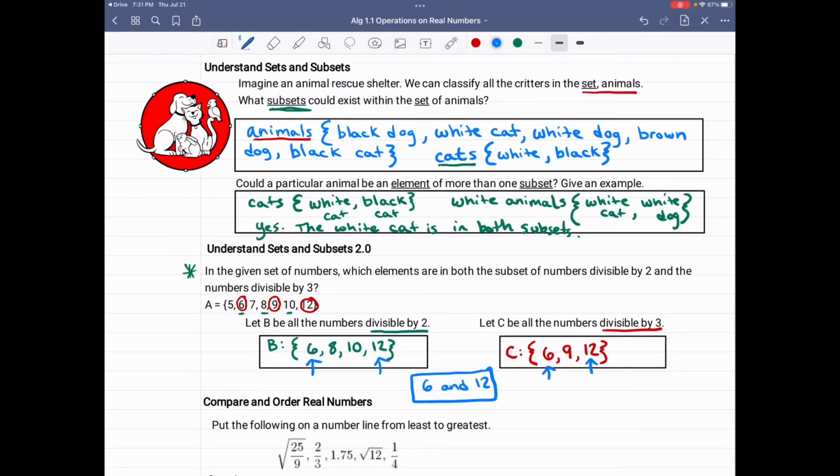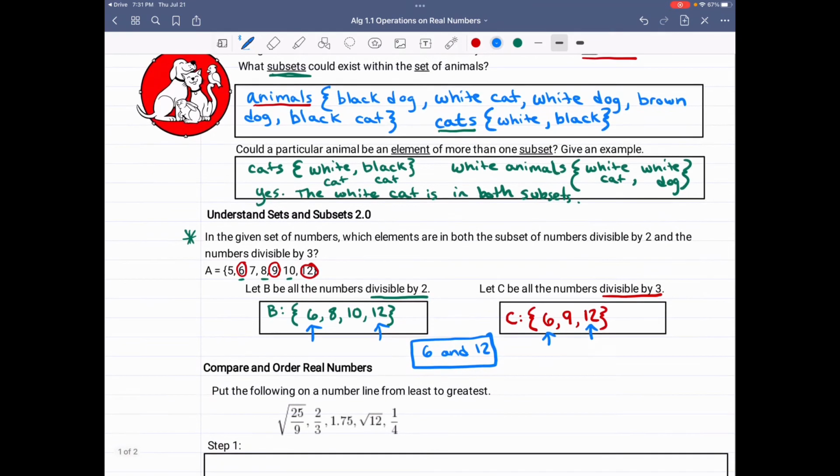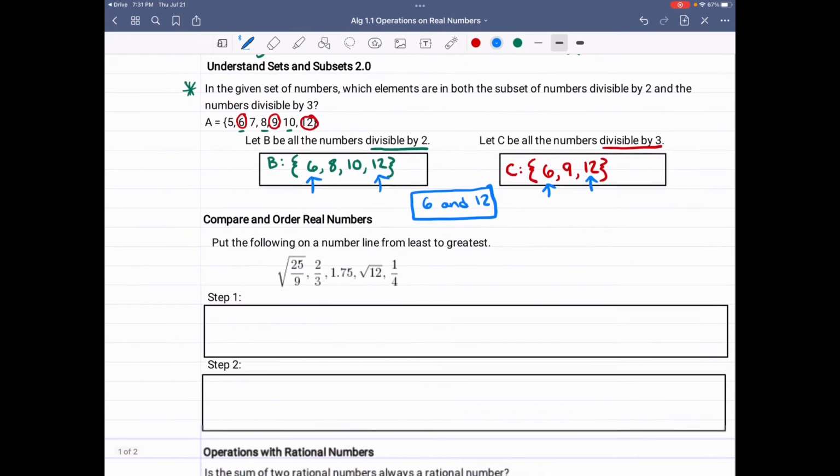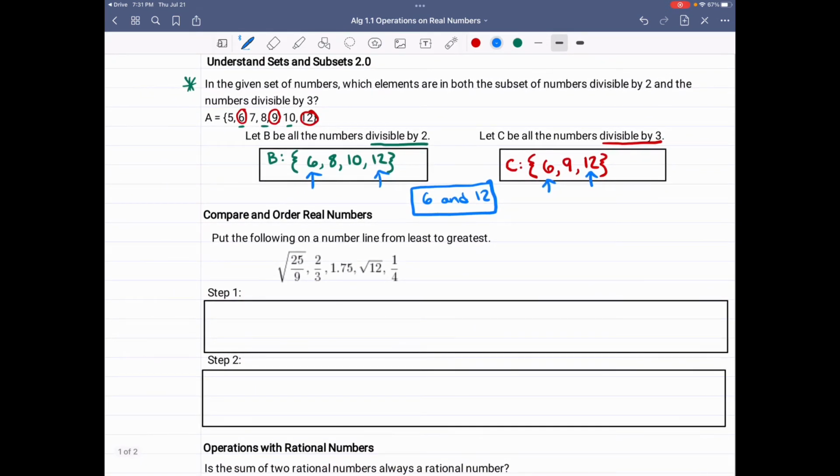The next example is compare and order real numbers. Put the following on a number line from least to greatest. Okay, so in step 1, what we're going to do is write these numbers as decimals.